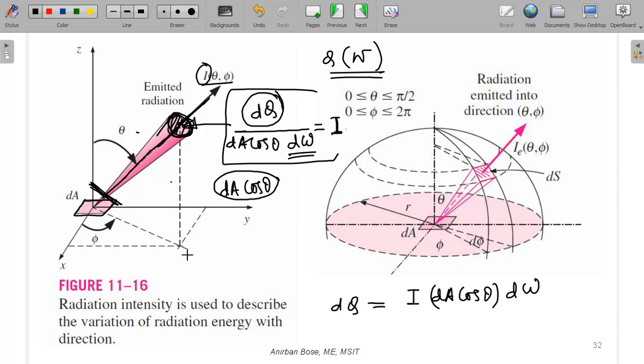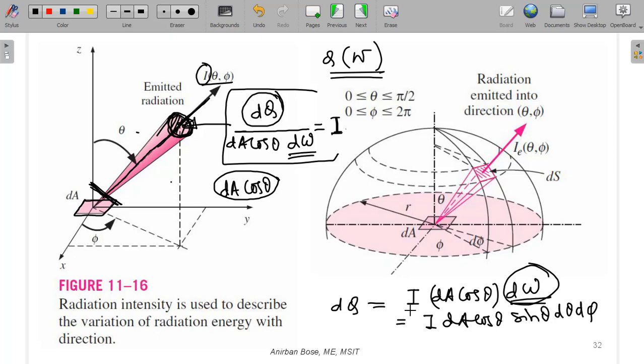Now if you want to find the total, that means if you integrate over the whole surface, over the whole theta and phi, then I into dA cos theta into d omega, where d omega, as you already know, is sine theta d theta d phi.